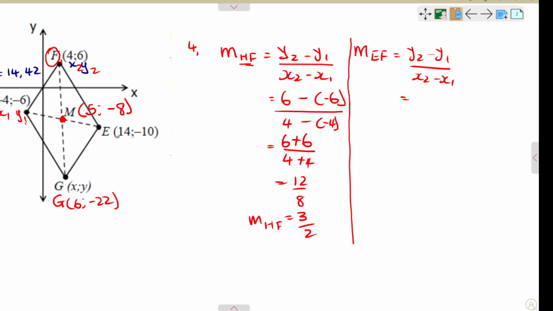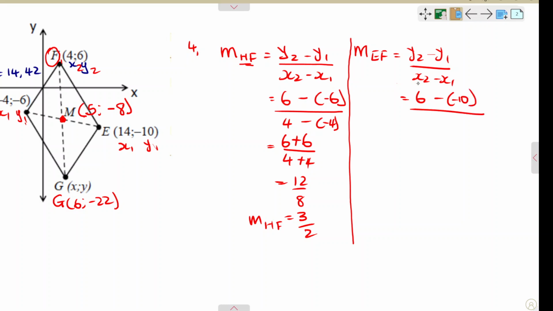So let's take this one as x1, this one as y1. So y2 is a 6 for the F. So we're starting with the F. We said y2 for F is 6, minus the y1, which is for the E, that will be a negative 10.